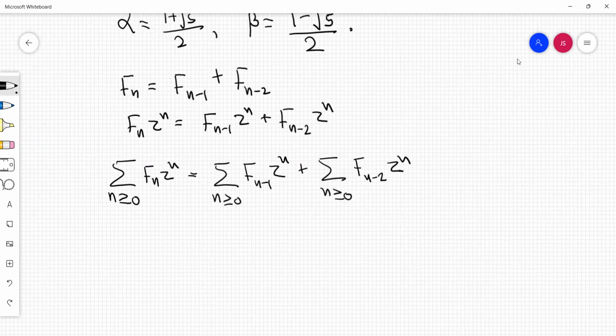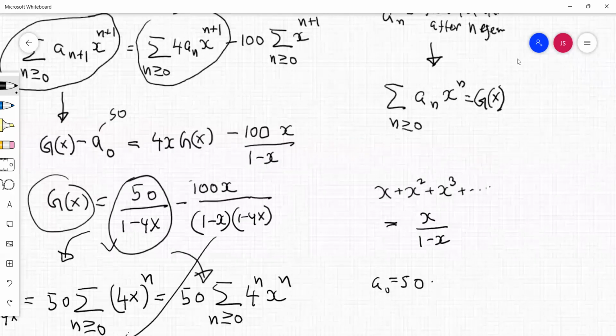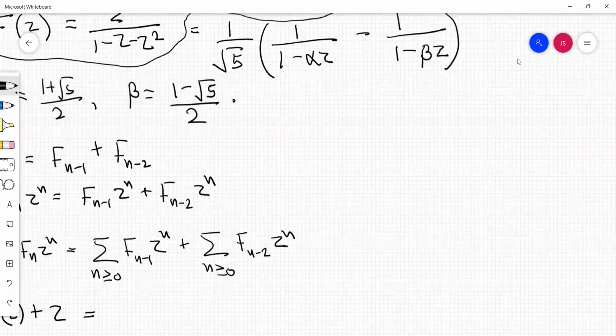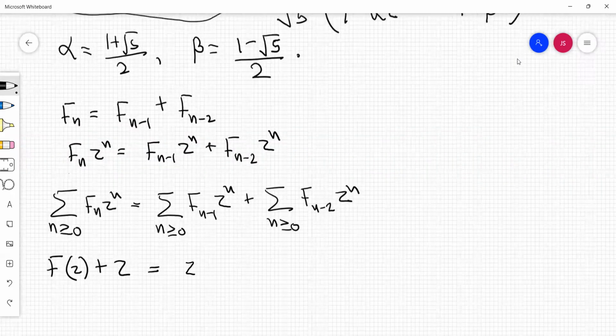This Fz one, plus Z. Efficient plus Z is equal to Z times Fz. Right? Is that correct? Yes.